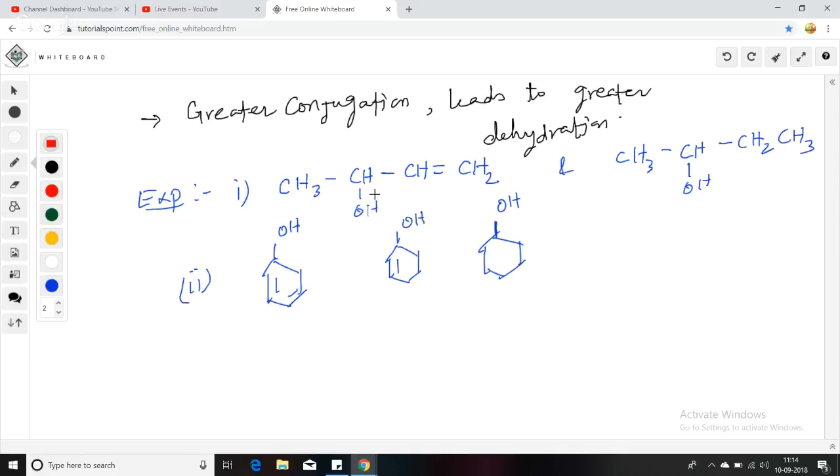In this one, I have made one mistake here, just to make a correction. This double bond should not be there. This is the single bond we have here.